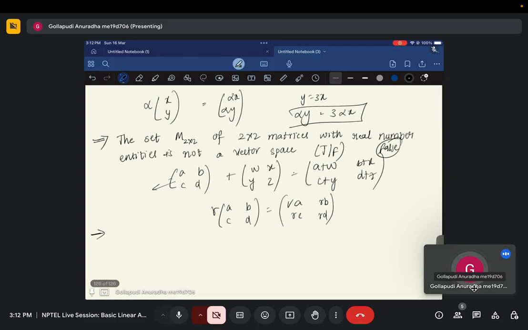Okay, so if you are given a cos theta plus b sin theta, is this a vector space or not? This function in terms of theta, does it form a vector space or not?